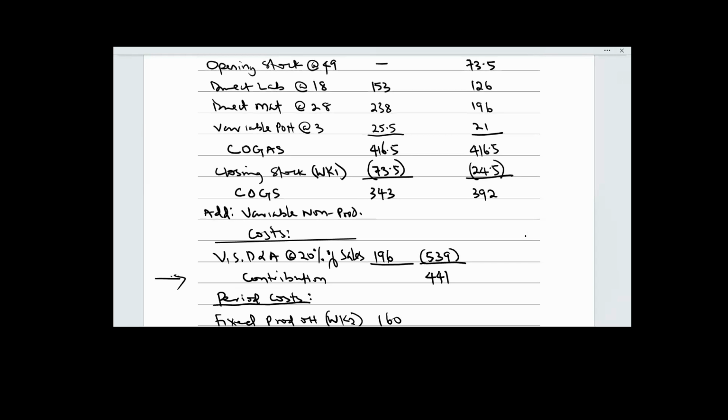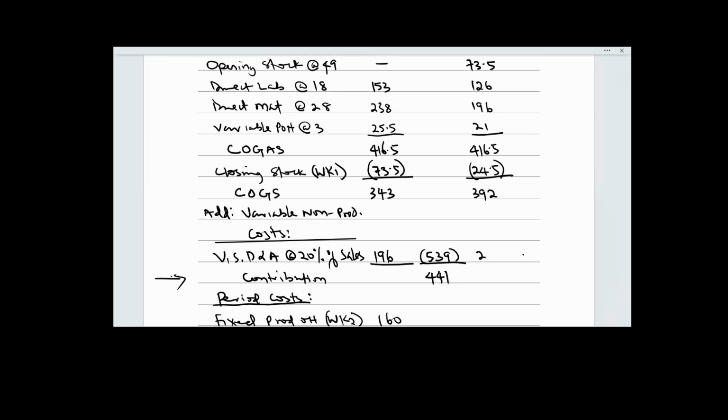Then you had variable non-production cost. What's 20% of 1120? Our sales is 1 million... Sorry, sir. Talk to me. What's your question? Oh, don't worry. Sorry, sir. I've gotten it. I was looking for the video. No worries. So what's 20% of 1120? Sales. 224.